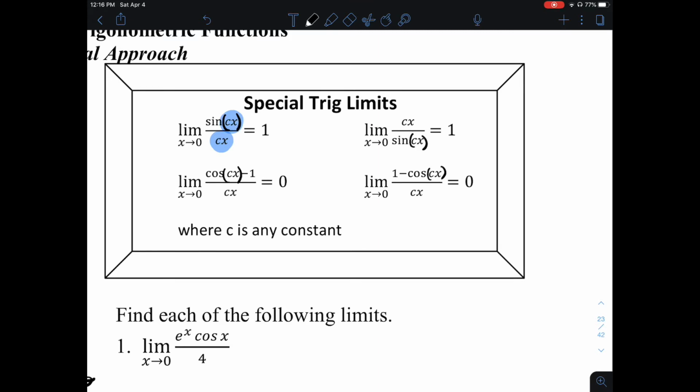And if you interchange and it's 1 minus cosine of an angle over that angle, then that limit's going to be 0 as well. So you should memorize these. So far, we have very little memorizing here. We have the limit existence theorem, and we have this, and I believe that's all that you need to memorize at this point.